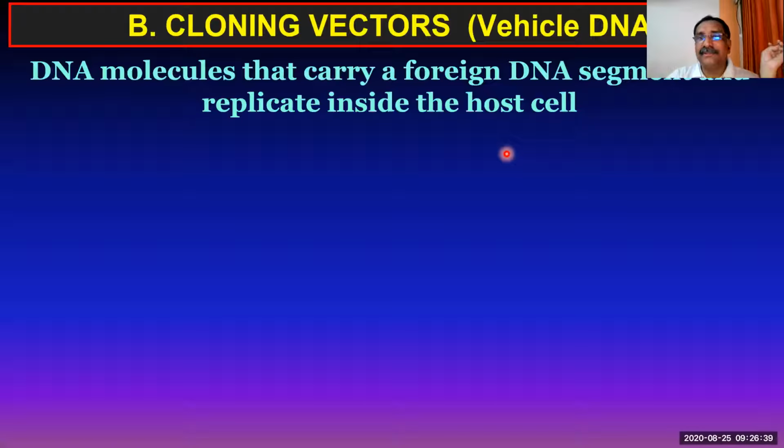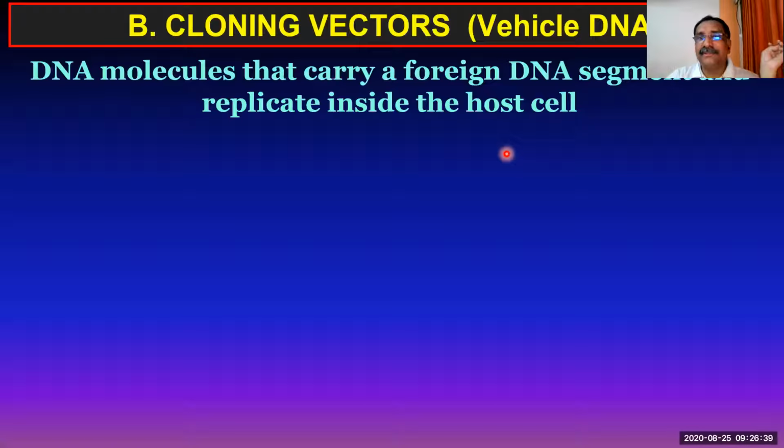What is a plasmid then? Extra chromosomal genetic material means the presence or absence of this plasmid will not cause any harm to the bacteria. Another characteristic is that it is replicating.